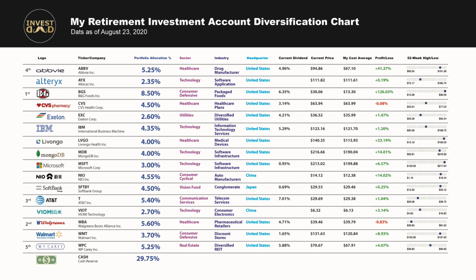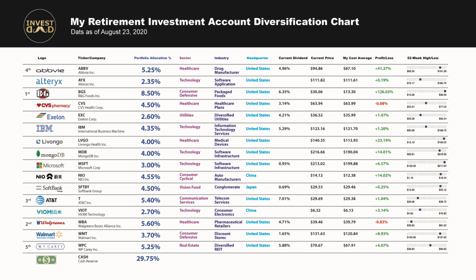Sticking with my diversification rule, I went ahead and sold off 50% to lock in some gains, reducing its position back down to the current 8.5%. This action is called rebalancing, to ensure no single holding becomes overweight within your portfolio.